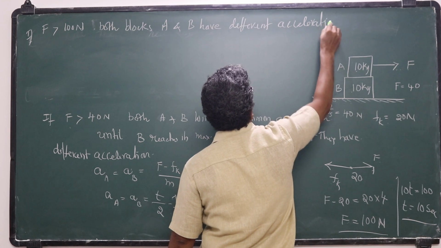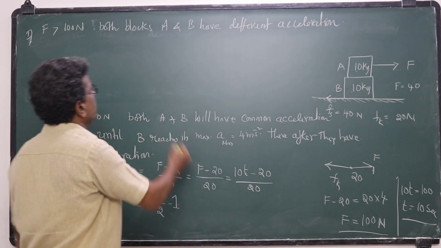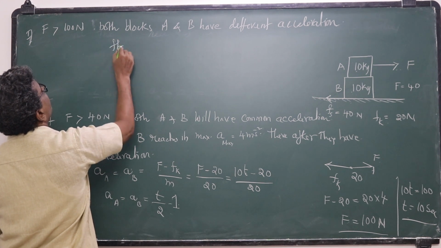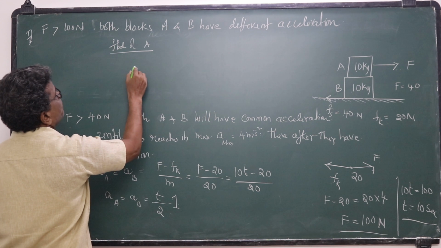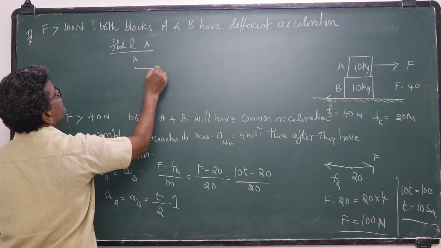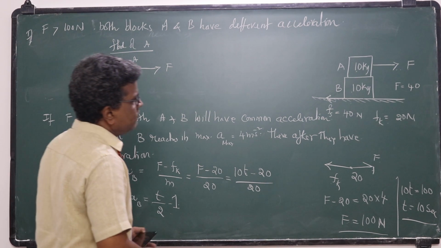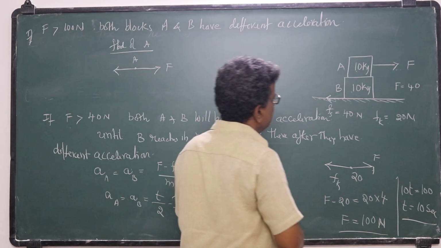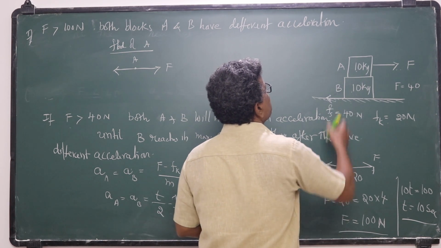Suppose you want those accelerations, you draw these FBDs separately. So what is the FBD of A? A is 10 kg, the external force is F, which is opposed by the frictional force. What is the kinetic frictional force between these two? It is 50 newtons.